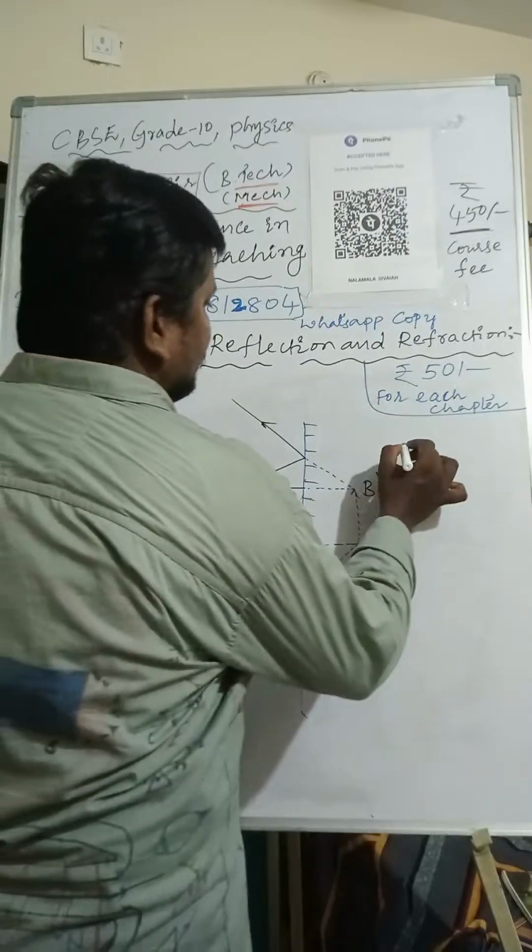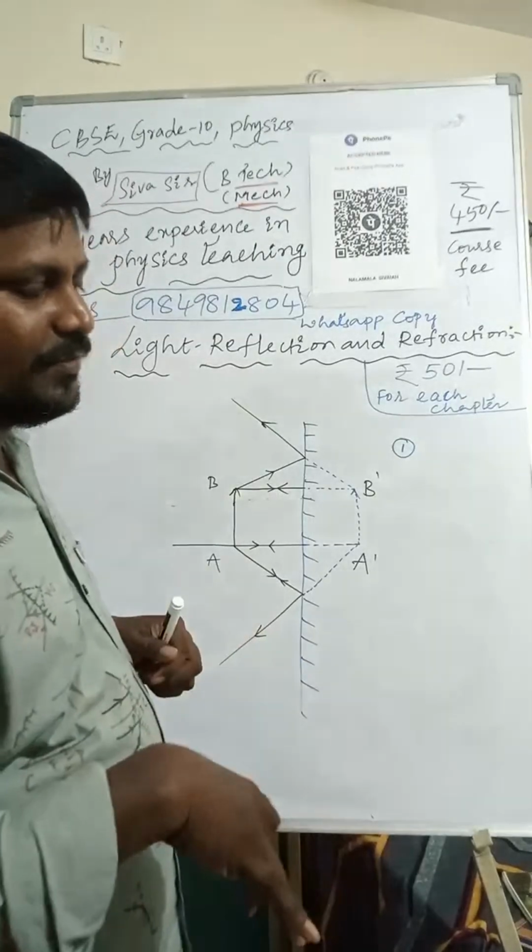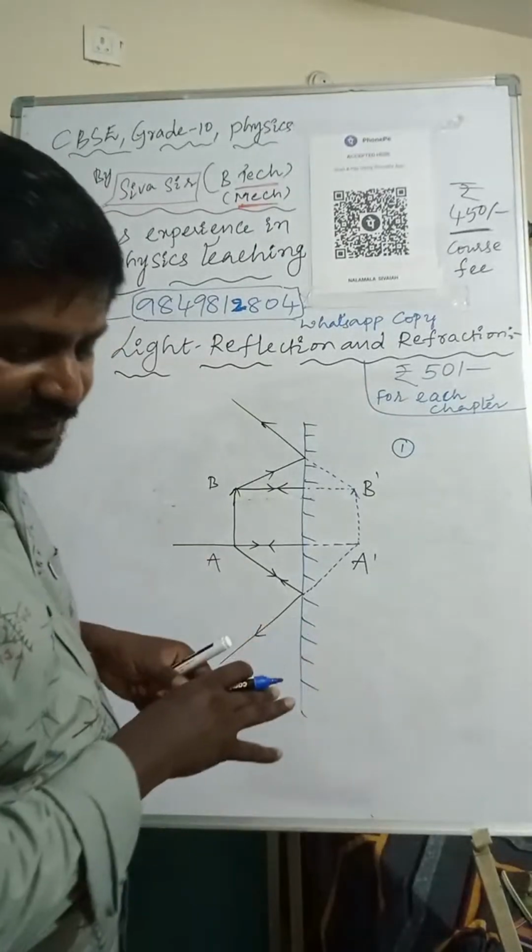First point is, if the object is real, the image is virtual in a plane mirror.